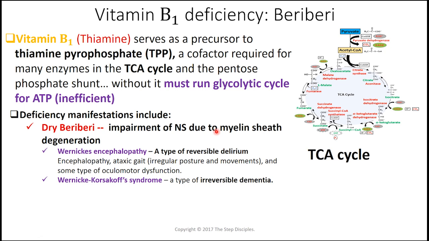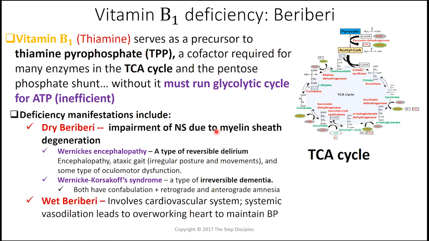The thing that differentiates Wernicke encephalopathy and Wernicke-Korsakoff syndrome is that Wernicke-Korsakoff is a type of irreversible dementia. So it's irreversible. But both are associated with confabulation and retrograde and anterograde amnesia. So what confabulation is, is making up memories that didn't really happen. That's what confabulation is. Retrograde and anterograde amnesia is, I think, relatively straightforward in what it means.